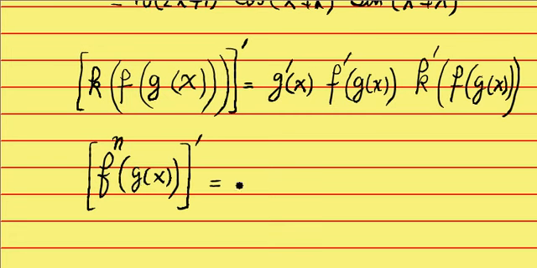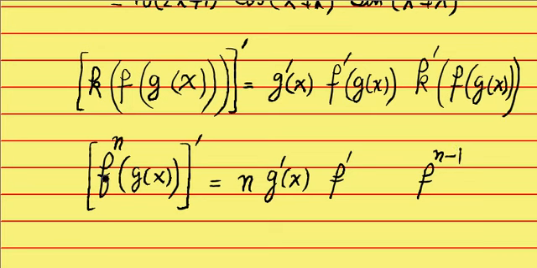Well, we know that this g prime comes in, and then you have the derivative of f to power of n. Derivative of f to power of n is going to be n f prime times f to power of n minus 1.